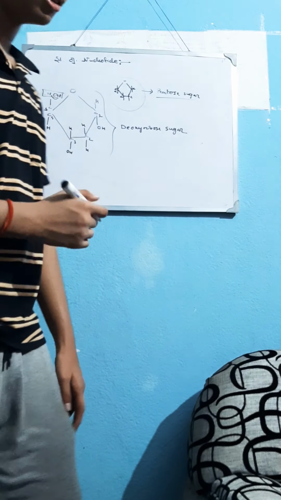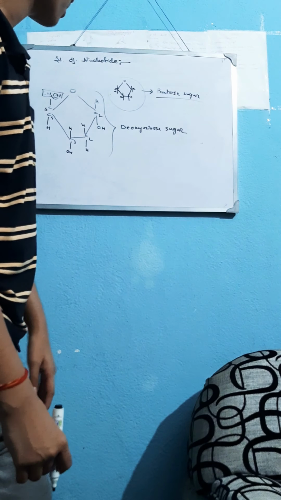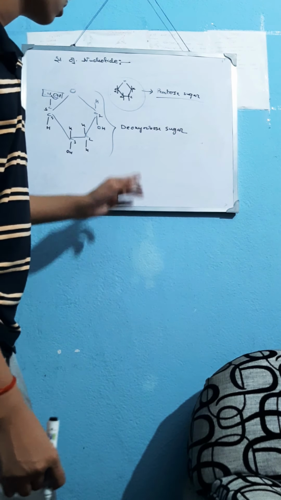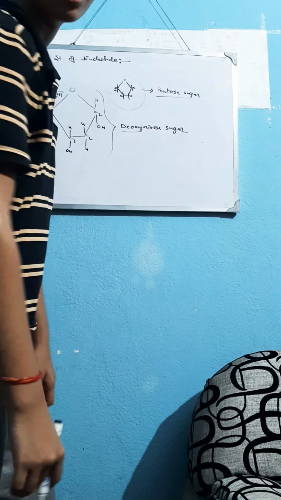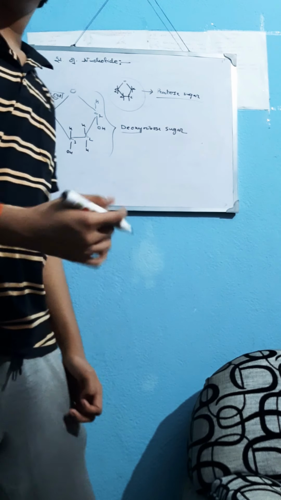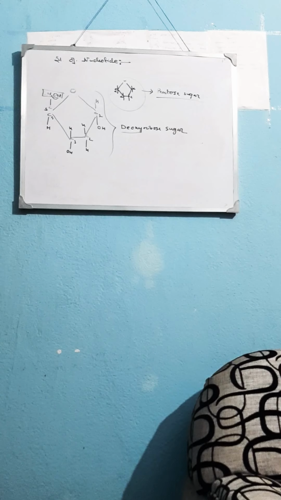If we study the sad story of our deoxyribose sugar, we will find that it was not always so. We find this annoying term called deoxy. What does it mean? Without oxygen. Why is it called without oxygen?